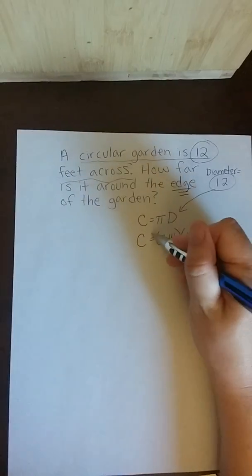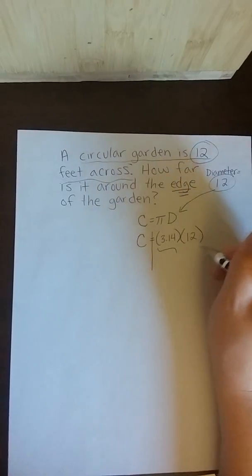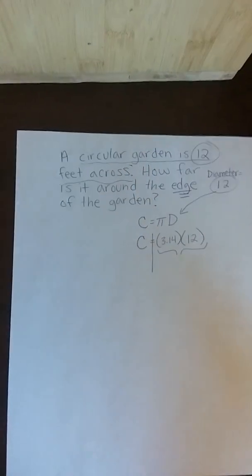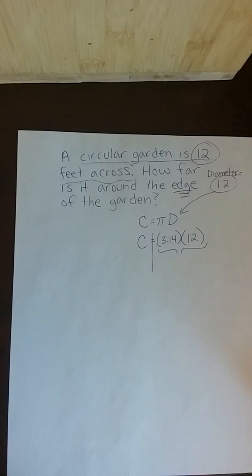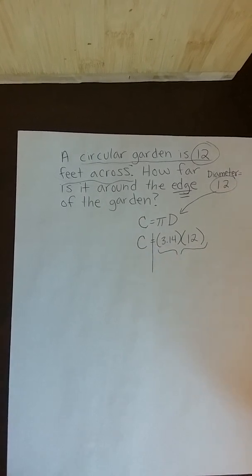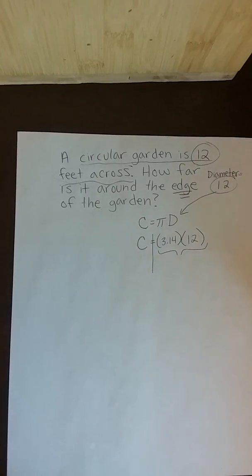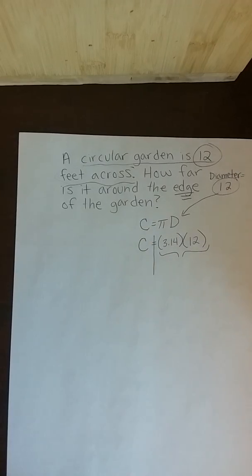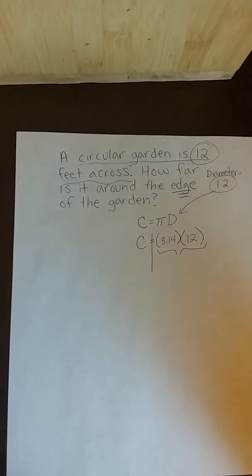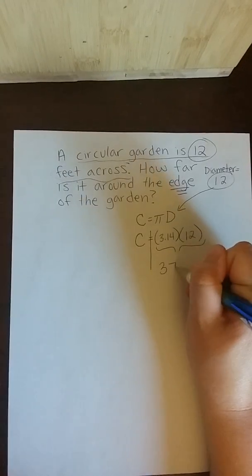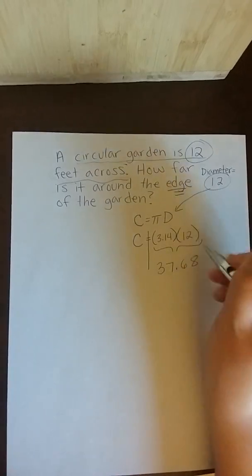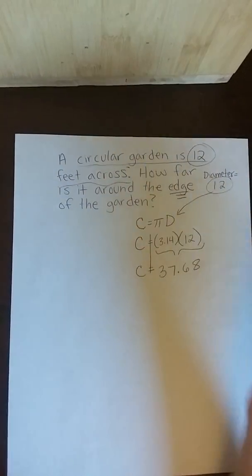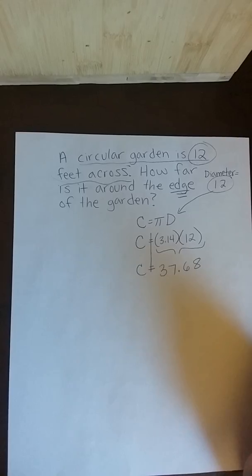So now, when I go to solve this, 3.14 and 12 are on the same side of the equation, so I can just go ahead and multiply them. So I go ahead and do 3.14 times 12, and I get 37.68. So my circumference is 37.68 feet.